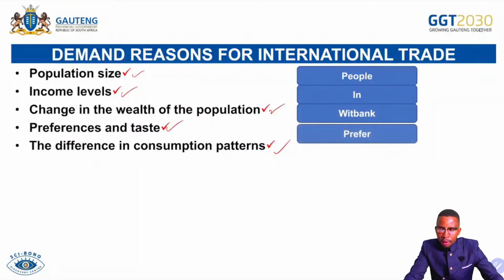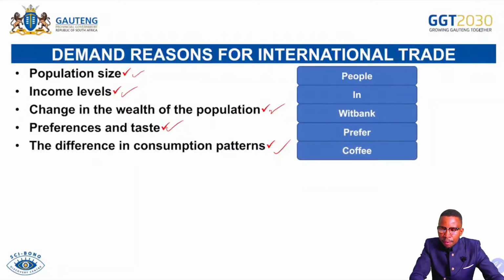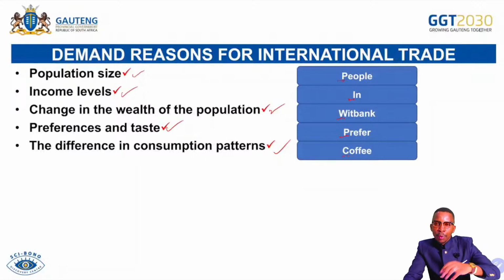What do we mean by that? P stands for population size, I stands for income level, W stands for wealth of the population, P stands for preference and taste, C stands for consumption pattern. So that's how you can always remember these subheadings for better writing of an essay.